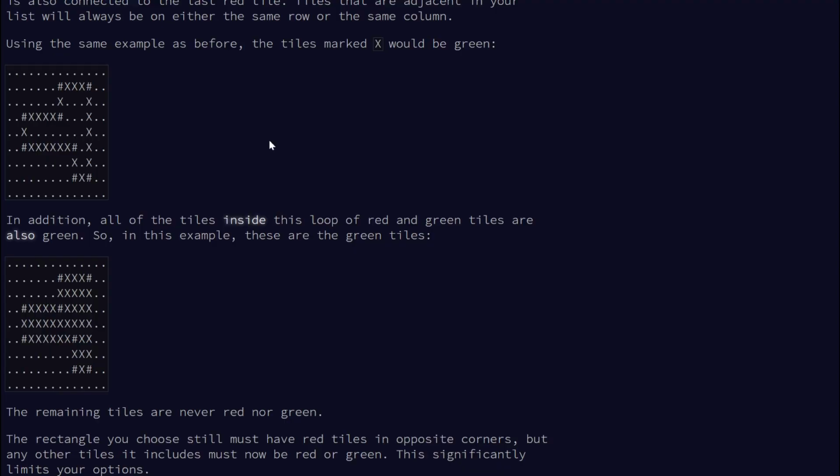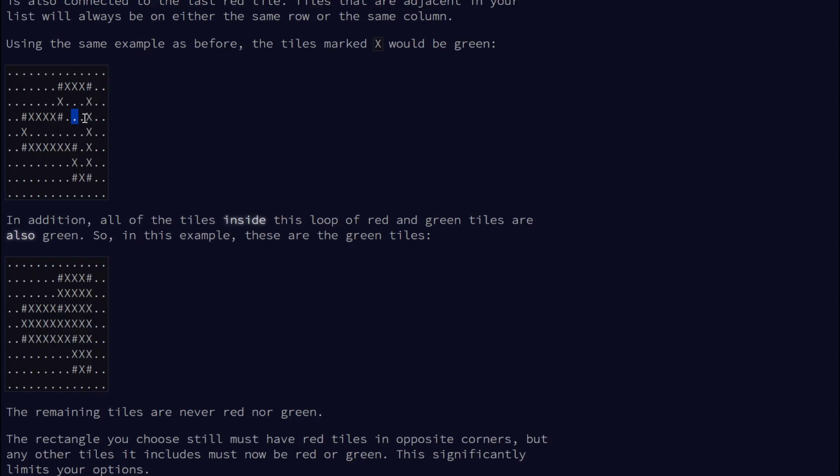So it seems like I could somehow, if I found a red tile in the middle of my shape, like let's say this tile were red, it would definitely have to have green tiles on 2 sides of it.